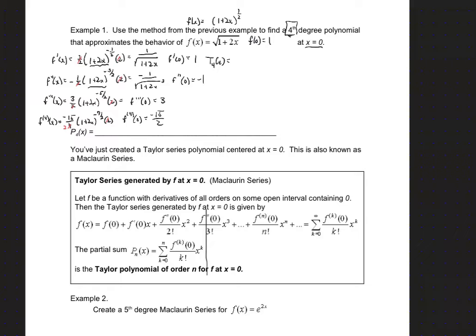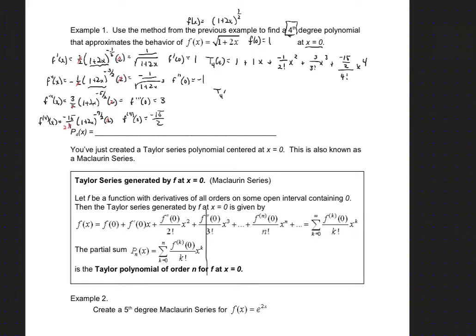And so we're going to get our f of 0, which is 1, plus our first derivative, 1, times x to the first, plus our second derivative, which is negative 1, over 2 factorial times x to the second, plus our third derivative, which is 3, over 3 factorial times x to the third, plus our fourth derivative, which is negative 15/2, over 4 factorial times x to the fourth.